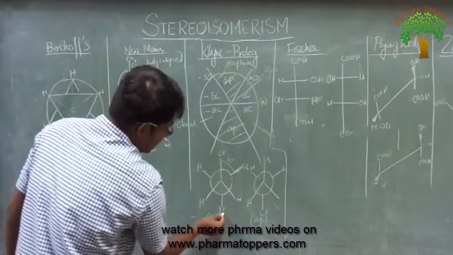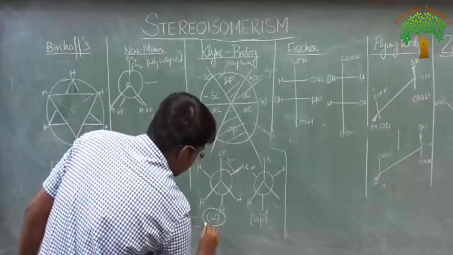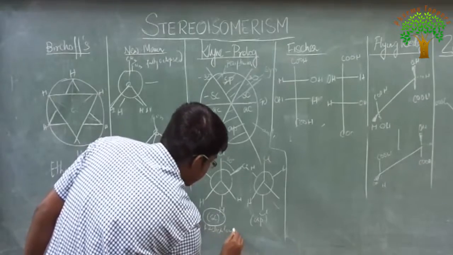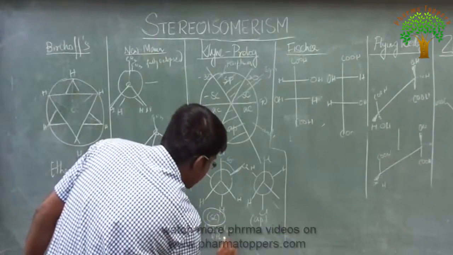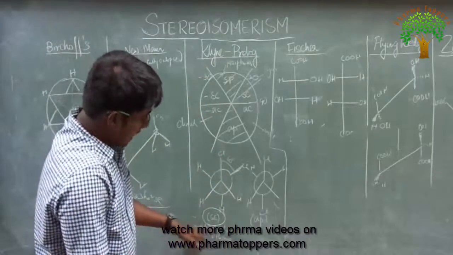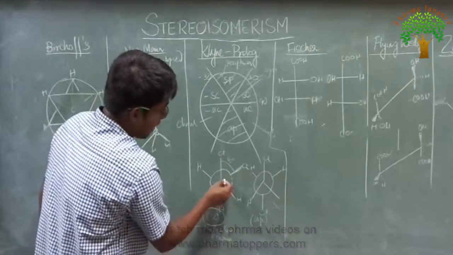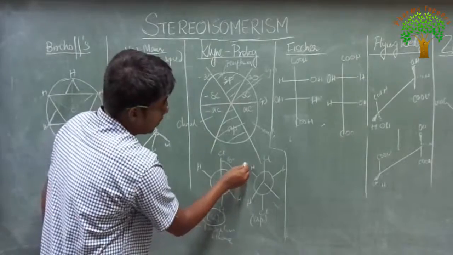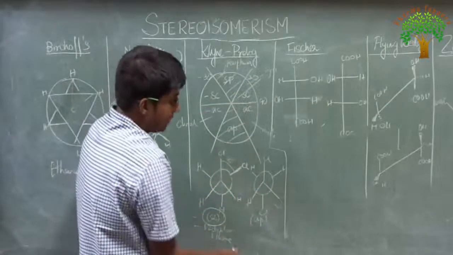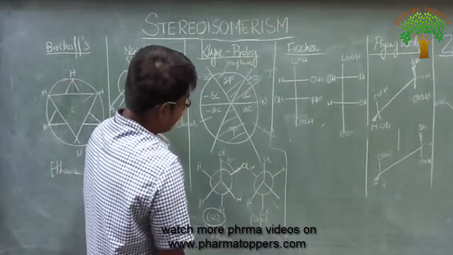So you can write over here, this is Sc 1,2-dichloroethane. This is a different type of nomenclature. In the Klyne-Prelog system, you can write Sc 1,2-dichloroethane because the chlorine attached to this carbon is actually projecting into this Sc part. Another example that we can discuss further, anti already discussed.